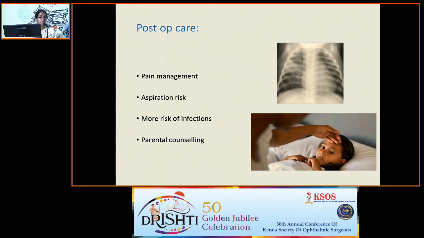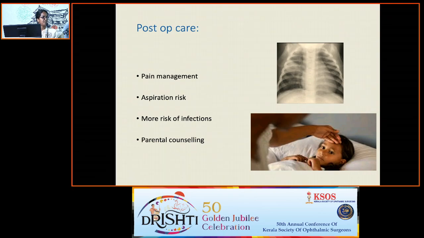Post-op care is very important in these children. Surgery is done, and it's very difficult to manage any child after surgery. When you have a special child, pain management has to be adequate. For a strabismus surgery, I usually give analgesics for 2 or 3 days, after which the patient should be okay.